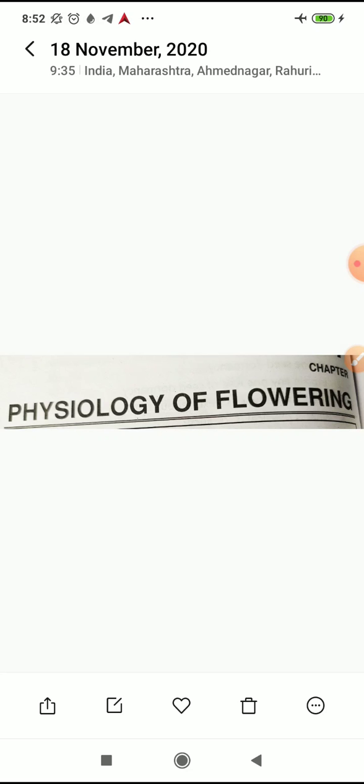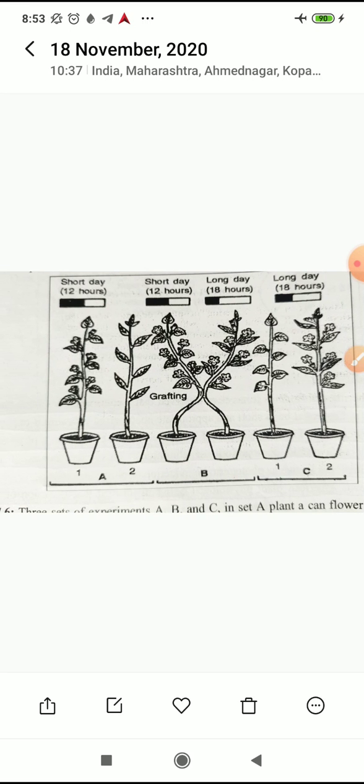Now, how does transmission of the stimulus take place? While studying photoperiodic influence, careful observations reveal that photoperiod influence is induced in leaves. But flowers are formed in a specialized region of the plant.